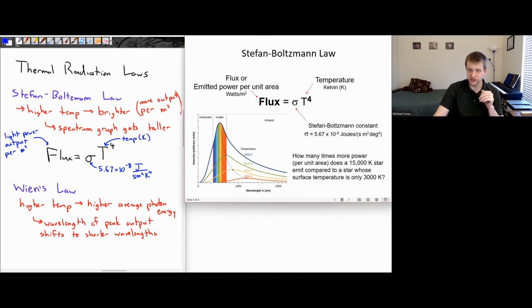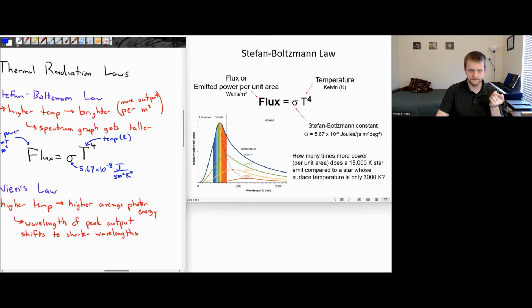This one might ask something like, how many times more power per unit area does a 15,000 Kelvin star emit compared to a star whose surface temperature is only 3,000 Kelvin? Again, how many times more power per unit area is talking about flux. So how is the flux changing with a high temperature star compared to a lower temperature star?